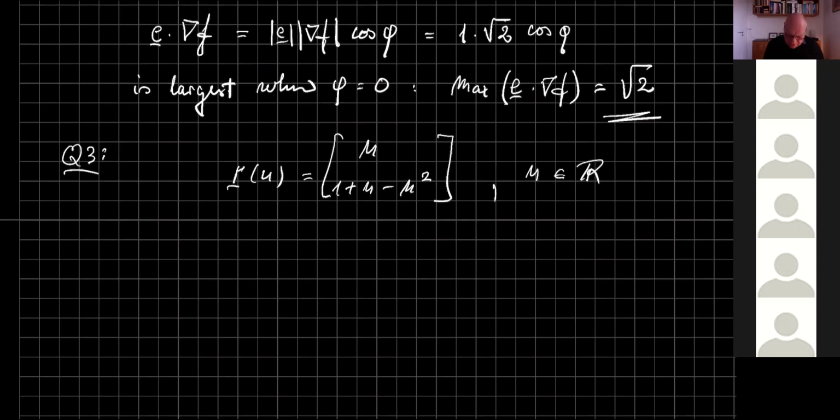So this is my parametric representation, and then I can determine the tangent vector to this curve by differentiating with respect to u, and you get 1 for the first coordinate, and for the second coordinate you get 1 minus 2u.